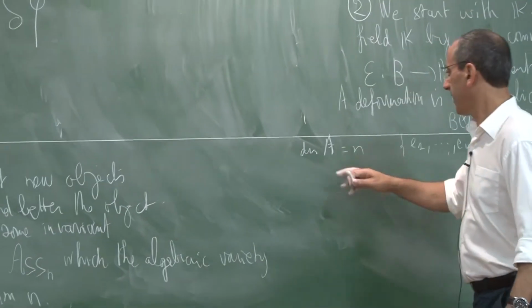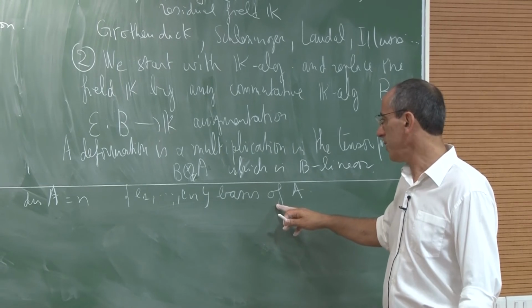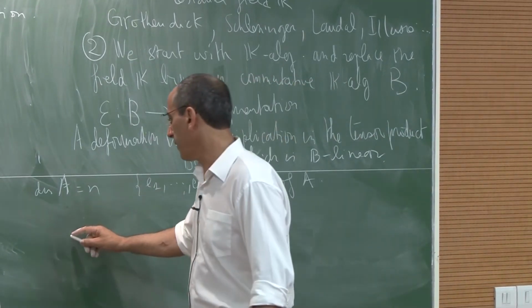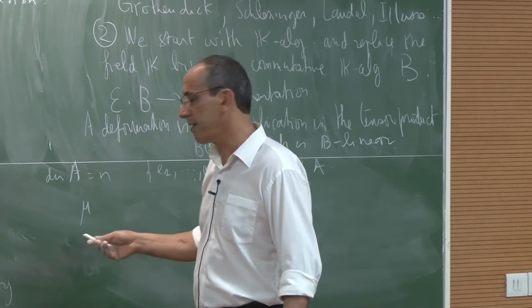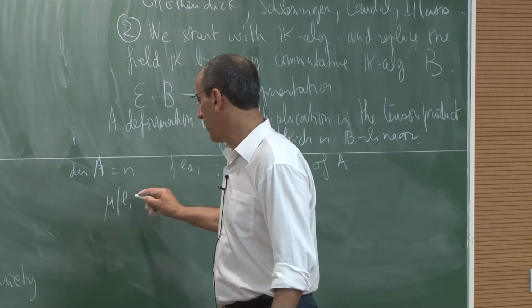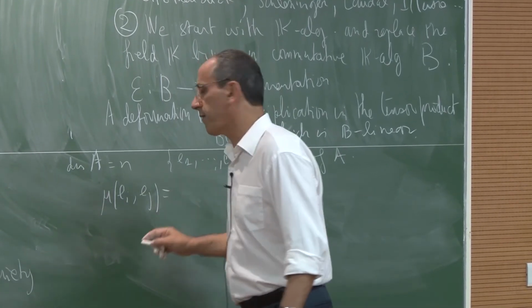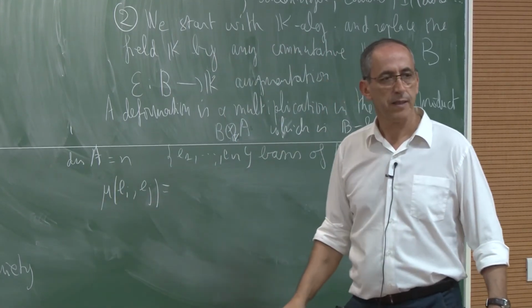Then you fix your basis for the vector space, and now, according to the bilinearity, your multiplication you just need to define only on the basis. So A comes equipped with this mu.